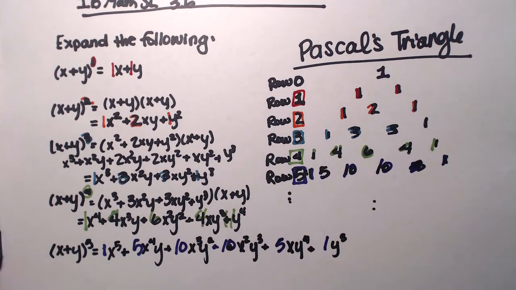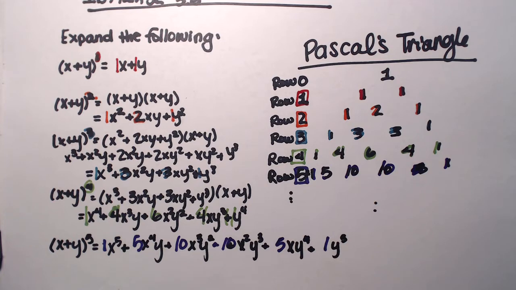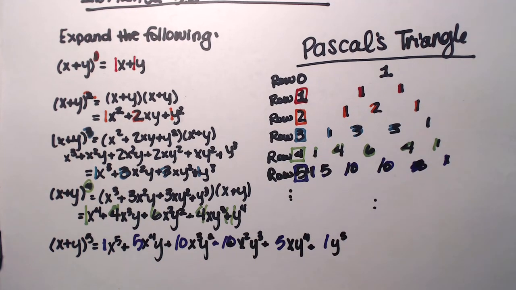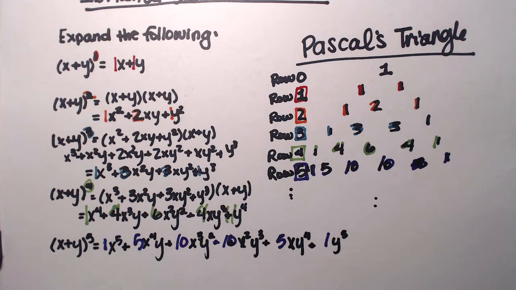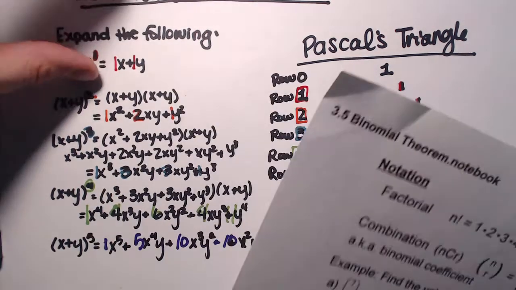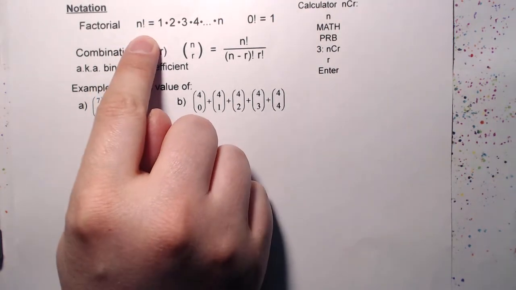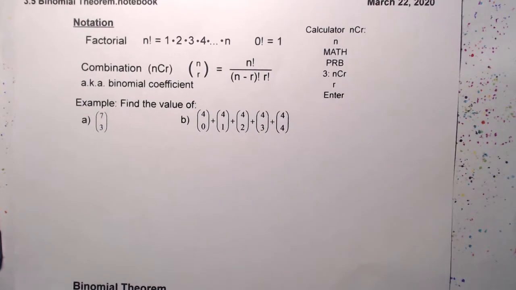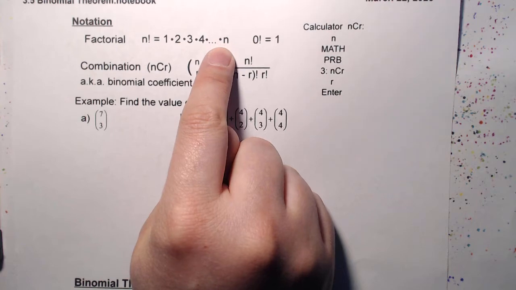So we didn't even really need to multiply this out. So this is one way to do a binomial expansion. Another thing that I want to talk about before we really dive into this is some notation on factorials. So a factorial, it's with the exclamation point, and it just means take all the numbers and multiply up to n.